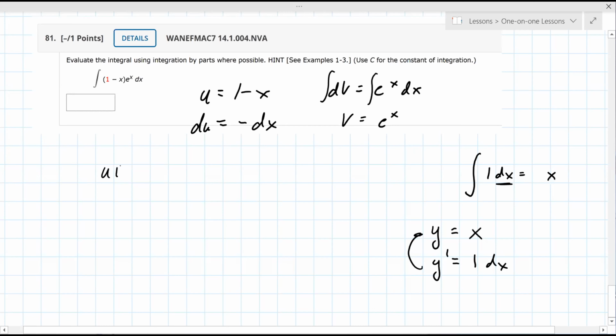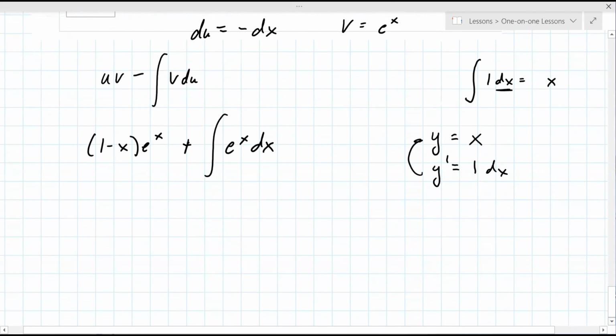So we'll do this uv minus the integral of v du. U times v is 1 minus x e to the x minus the integral of v du. So this negative goes with this one, it makes that a plus, e to the x dx. And the integral of e to the x dx is e to the x.